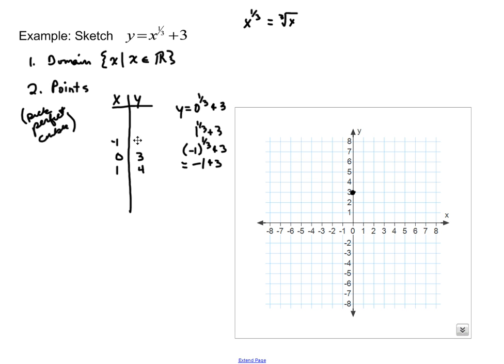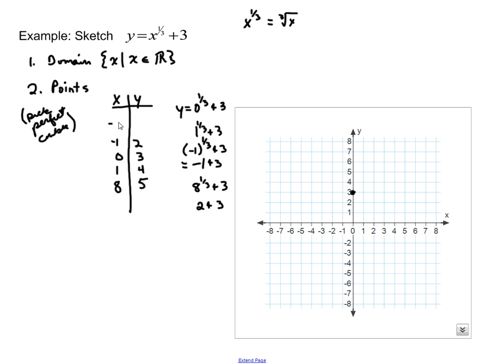That's going to give us 2. All right, let's try another one. How about 8? 8 to the 1/3 plus 3. Well, we're going to be taking the cube root of 8, so that's 2. Added to 3, that's going to give us 5.